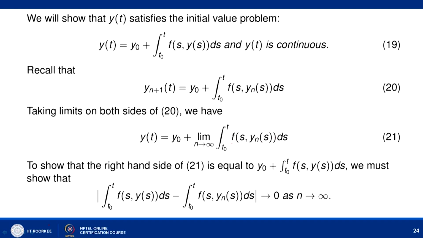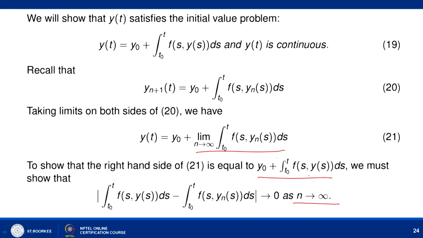To show that this right hand limit is equal to this quantity, we must show that the modulus of the integral from t_0 to t of f(s, y(s)) ds minus the integral from t_0 to t of f(s, y_n(s)) ds tends to 0 as n tends to infinity. So this is what we want to show here.